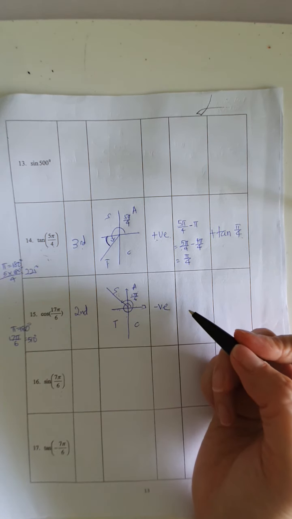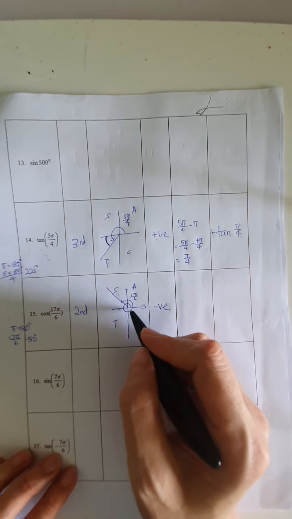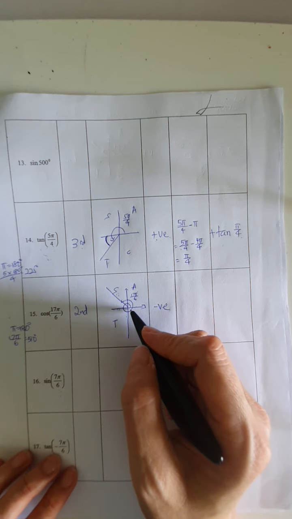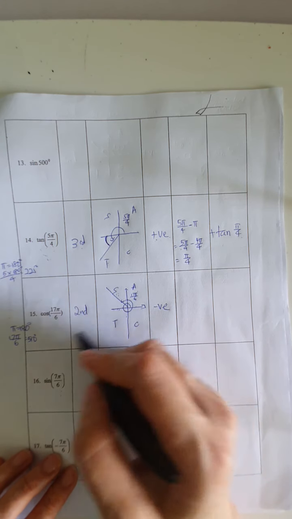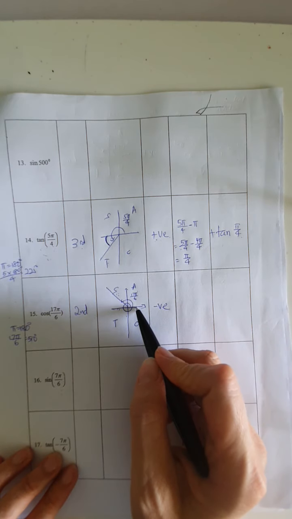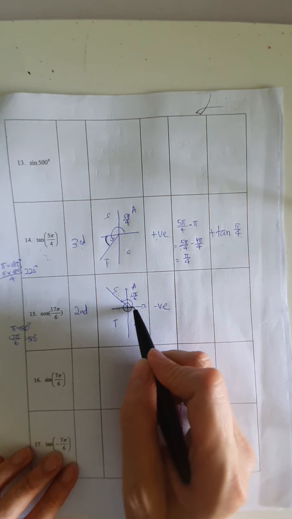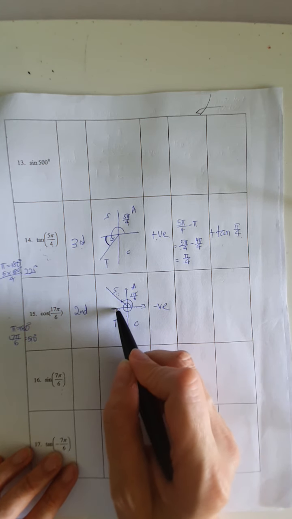So how do I find my basic angle? It really depends on how you want to see it. For 510, I find the basic angle. You can see this is 2 pi up to here. 360 is 2 pi. So if you go all the way to here it will be 3 pi, right?